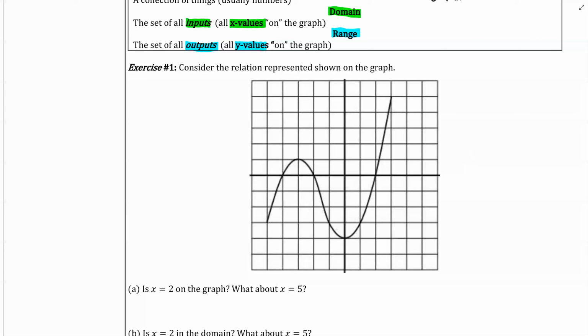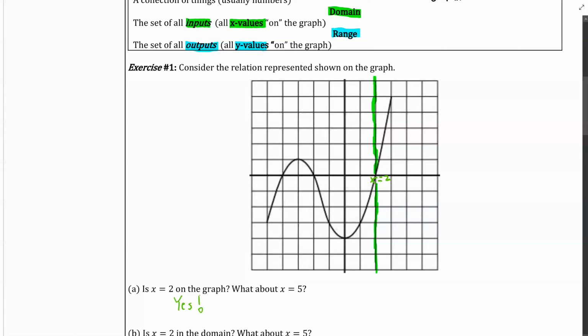Well, here is x equals 2, and if I draw a line going up and down, we say that x equals 2 is on the graph if this line touches the graph anywhere. And we can see that clearly it touches the graph at (2, 0). So because of that, x equals 2 is on the graph.